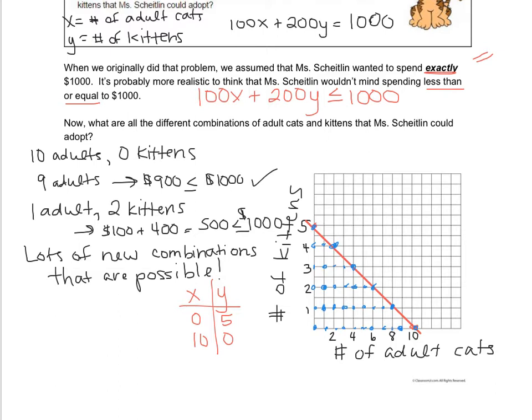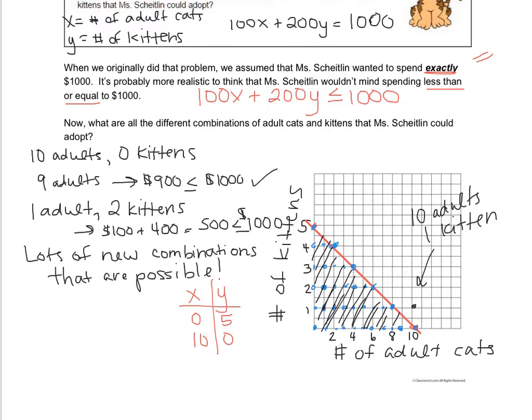So what we're going to do is shade in this side to show that anything over here is possible. And let's just test it out. Let's say I wanted to get 10 adult cats and 1 kitten. I'm going to prove to you that this doesn't work.